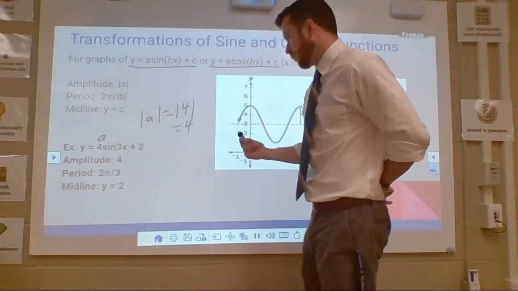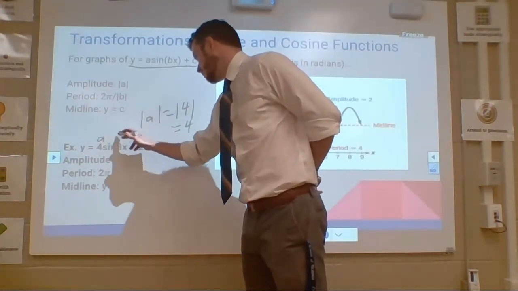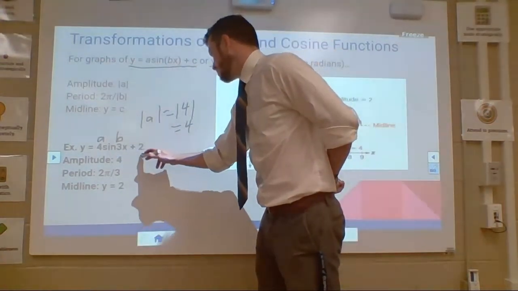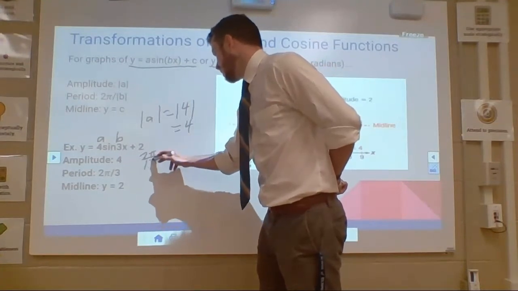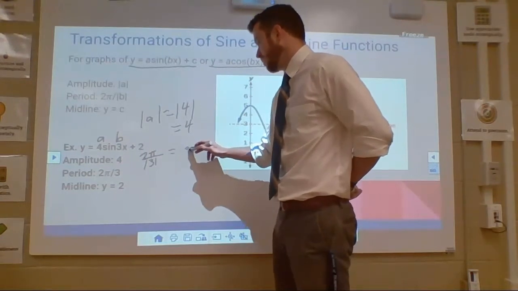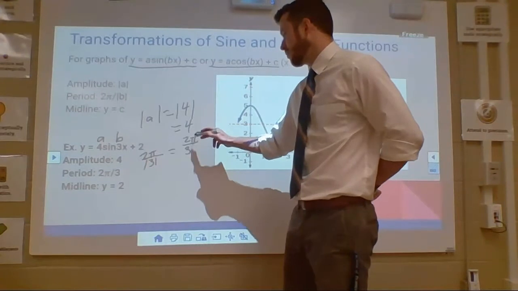All right, so for period, b is 3. So we're going to say 2 pi divided by the absolute value of 3. Well, the absolute value of 3 is just 3. So the period of the function would just be 2 pi over 3.